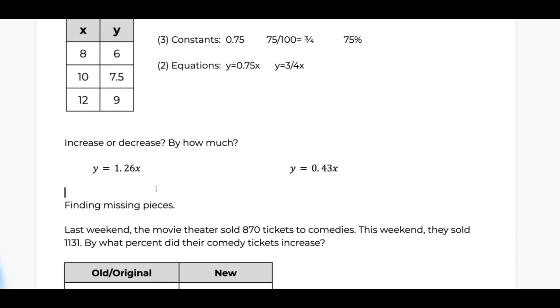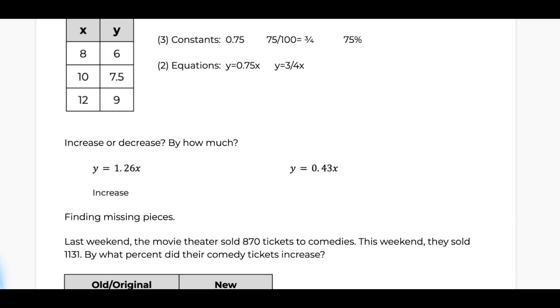All right, the next piece is being able to determine if an equation is increasing or decreasing, and then by what percent. They're pretty easy to recognize. It's just finding that percent that might be a little tricky. Anything that has a 1 with it is going to be an increase.